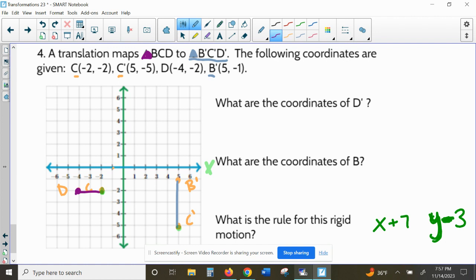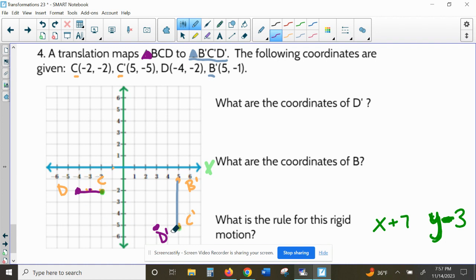So I'm going to go to the right 7, 1, 2, 3, 4, 5, 6, 7, and then down 3, 1, 2, 3. So that's going to put me right there. I'm going to erase that mark just so we don't have too much going on here. So this was my D right here, and this is my new D prime right here.